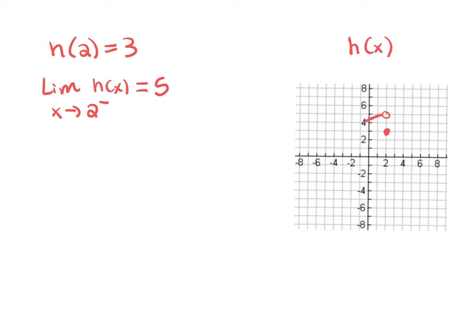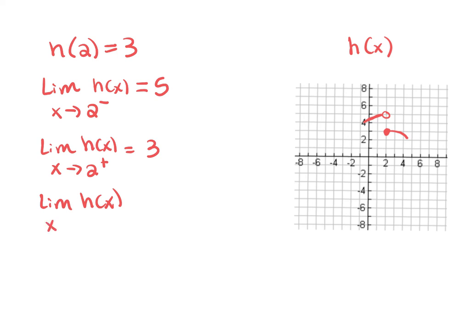All right, let's look at the limit as x approaches 2 from the right is 3. Okay, so we're approaching 2 from the right, and that is 3. So I'm just going to make a little line coming this way. All right, so now the limit as x approaches -4 equals -1.